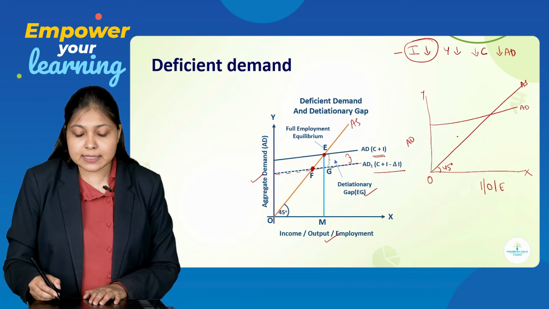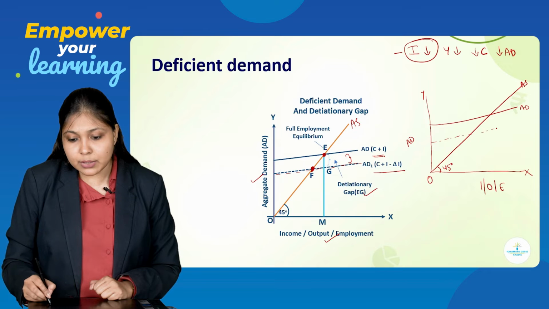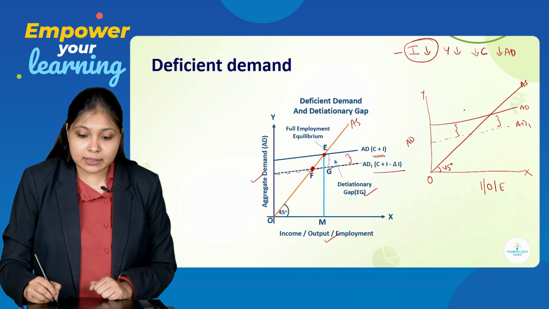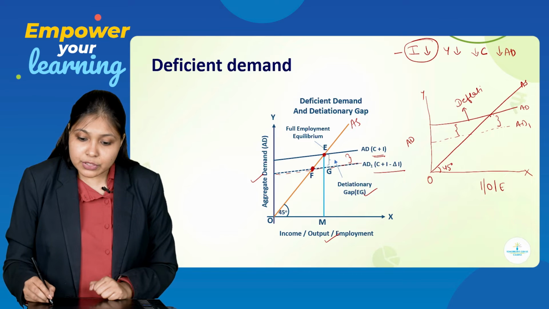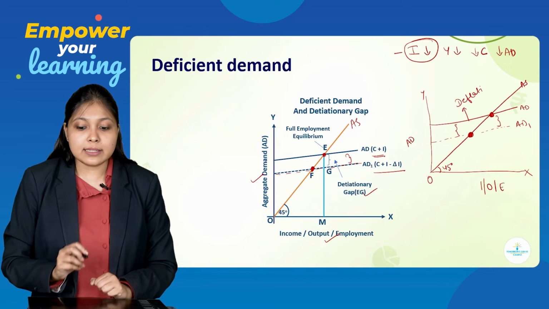AD is C plus I. Now there is a decrease in demand, so my AD1 will get reduced. The gap which is being created between AD and AD1 is nothing but the deflationary gap. My first equilibrium point was here. Now my equilibrium point shifts towards here. Okay, so that is the deflationary gap.